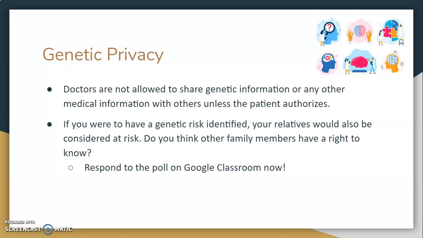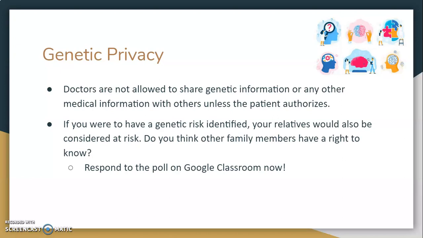Last thing, I put a poll up on Google Classroom. It's written in the form of a yes or no question, but by adding your opinion, it'll display to everybody, and we'll see where you all lie on this. It's not a right or wrong, but it's a yes or no question. Let's say you learn from a doctor that you have such and such, maybe hemophilia, right? It's a genetic X-linked, sex-linked trait. That means that your alleles have been identified, and by telling other people who share family history with you, who therefore have an increased genetic risk to also have hemophilia, it would be beneficial for them health-wise to know that.